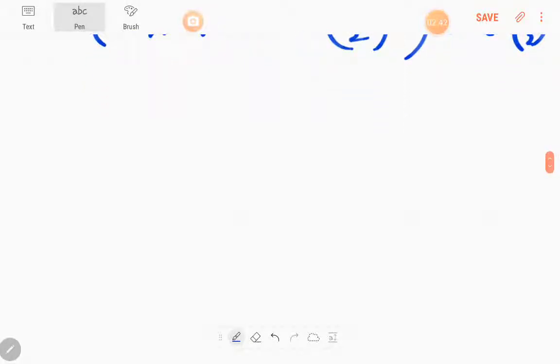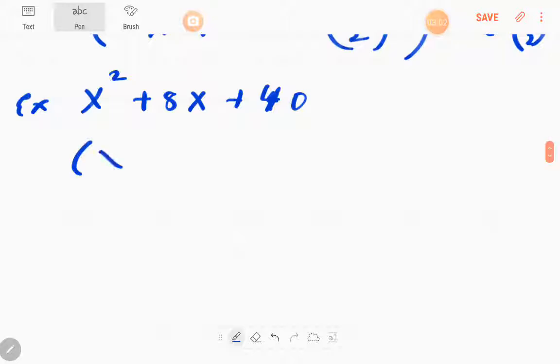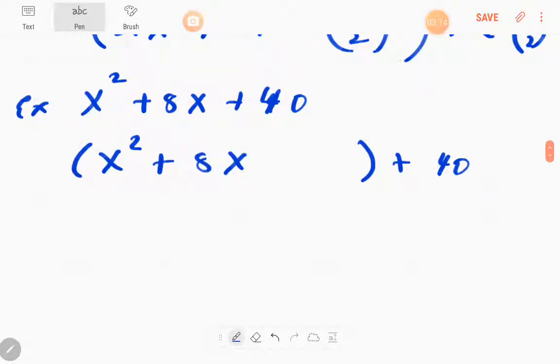All right, so let's look at an example. For example, if we have x squared plus 8x plus 40. So here we see a is equal to 1. And so we want to isolate those first two terms, put 40 at the back there. So now if we took 8 and divided it by 2, that would be 4, and if we squared 4, we get 16.